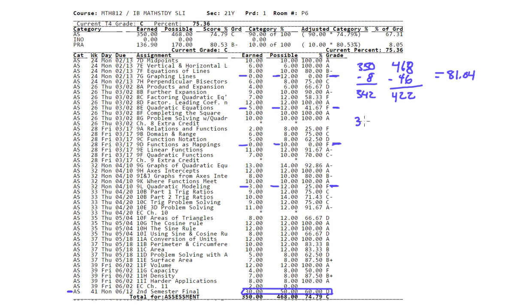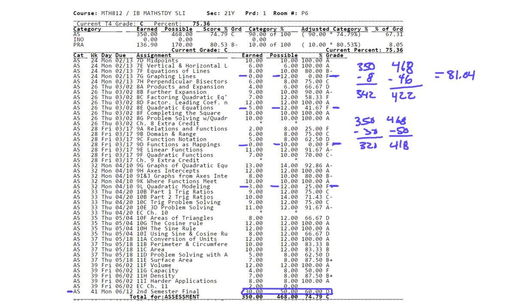So we take 350 and subtract the 30, and that's 320, and then we take the 50 away from the 468 minus our 50 here, and that's 418, right?